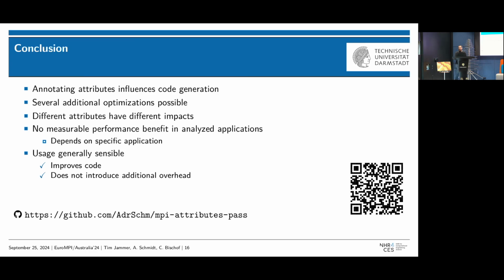The optimizations that I've showcased are already part of the LLVM infrastructure, and the attributes themselves are also already part of the LLVM infrastructure. So we are just using the already well-established parts of the LLVM infrastructure in order to trigger some compiler optimizations that were there in the first place, and they are there for a reason.